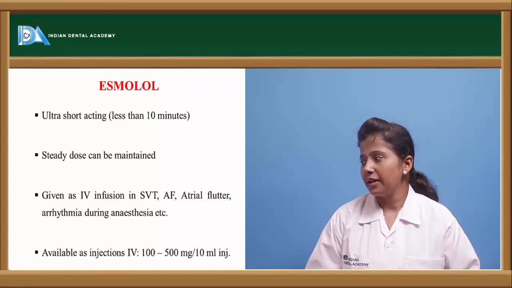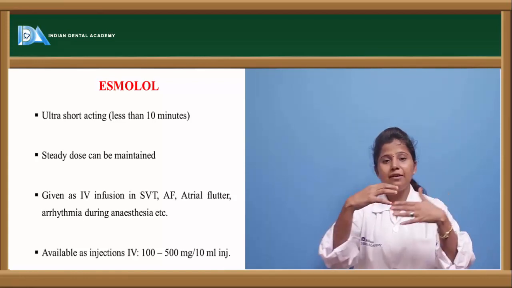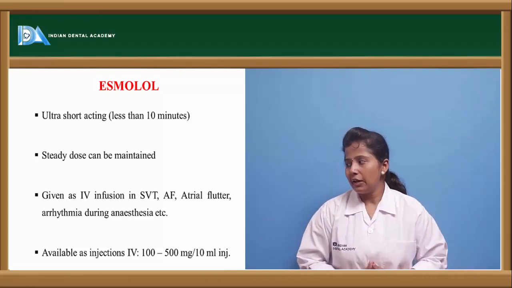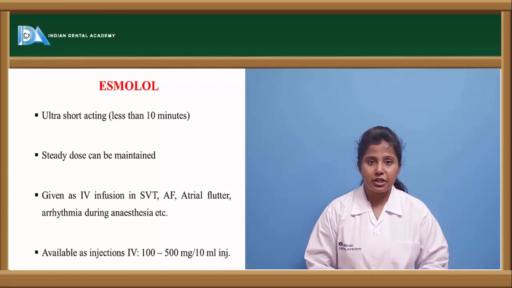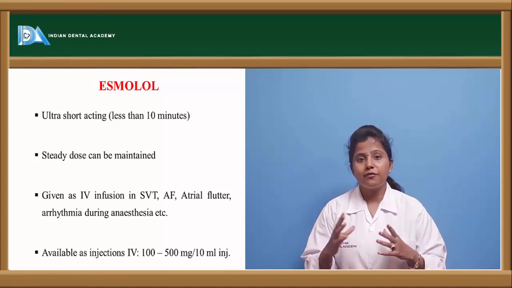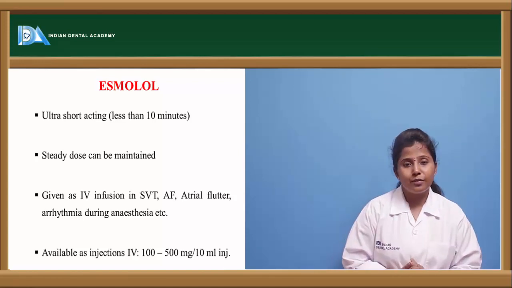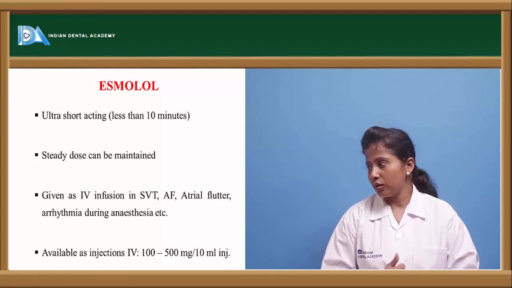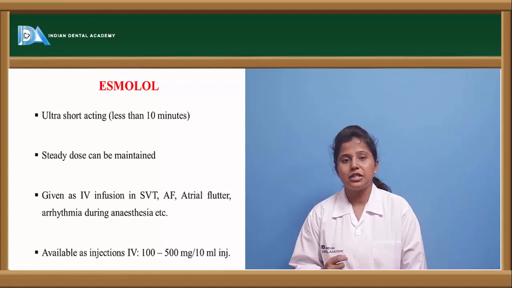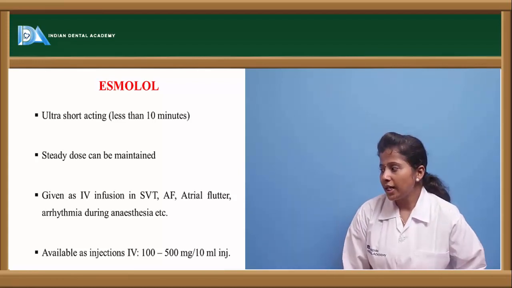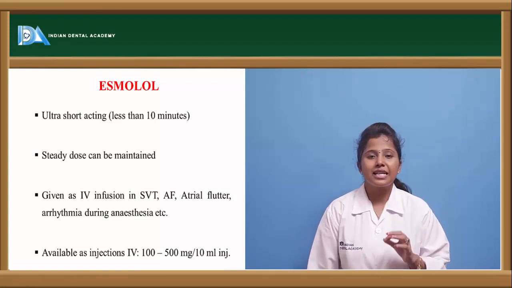If the IV infusion is not given properly, then it leads to atrial flutter and arrhythmia during anesthesia conditions. So during anesthesia, if this drug is administered, then we should be very careful while giving by IV route. And the dose recommended for esmolol is about 100 to 500 mg for 10 ml.